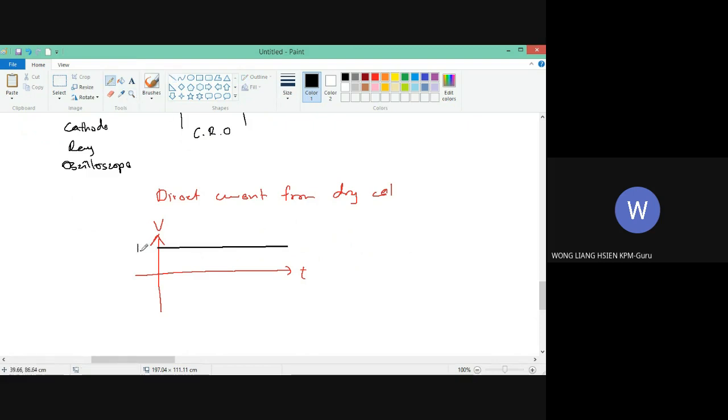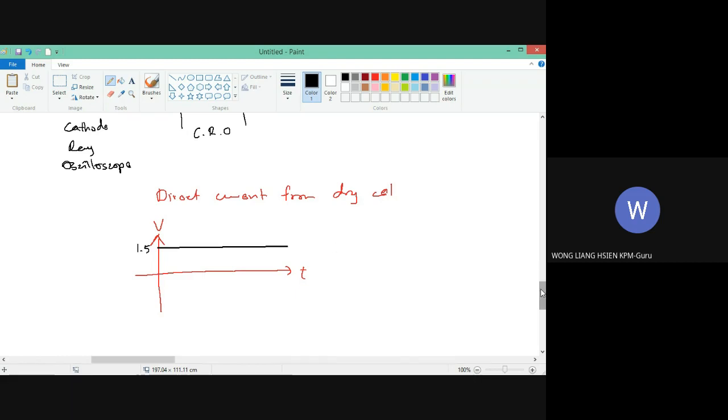If it is 1.5 volt, then it's 1.5 volt all the time. It will not become stronger and weaker, stronger, weaker. No, it is constantly 1.5 volt all the time. So this is the best direct current that we want.